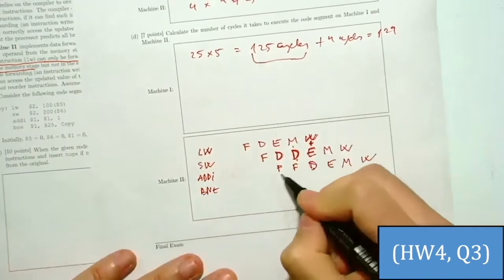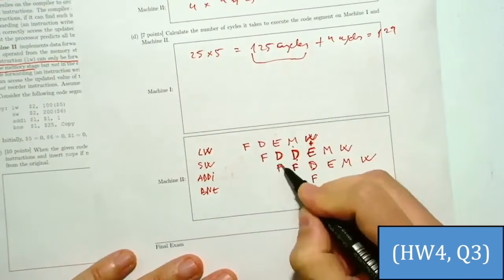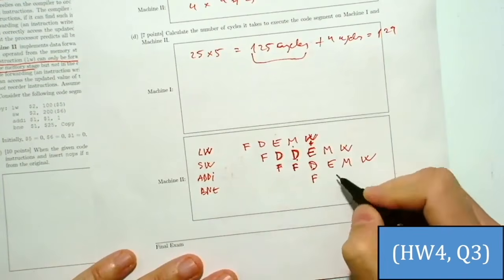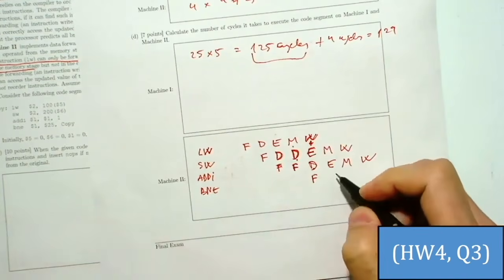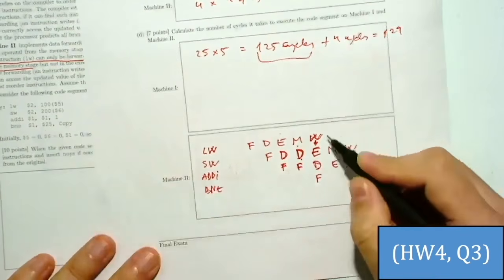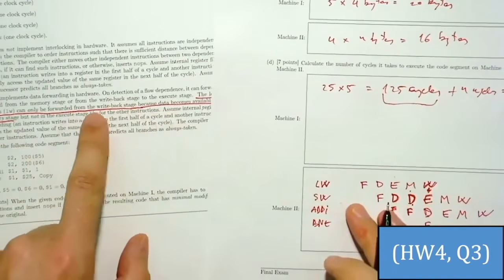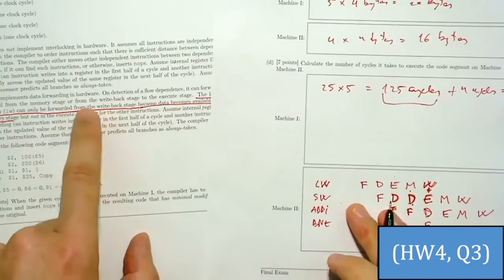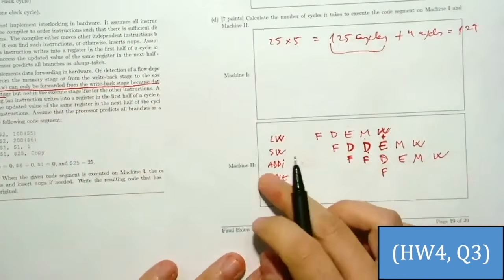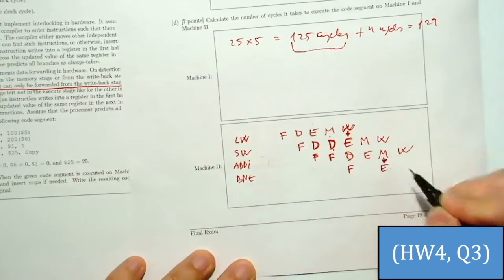So the branch can only be fetched in this stage because this is occupied by the previous instruction. So here we have a dependency. In these dependencies, we can forward from the memory stage in this case, because this is not a load instruction. So here we can forward data from here to the execution stage, right? So we don't need to wait in this case.